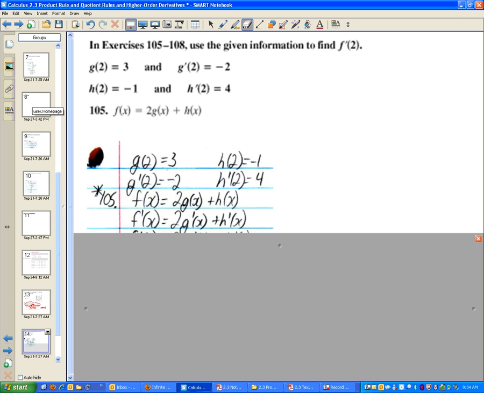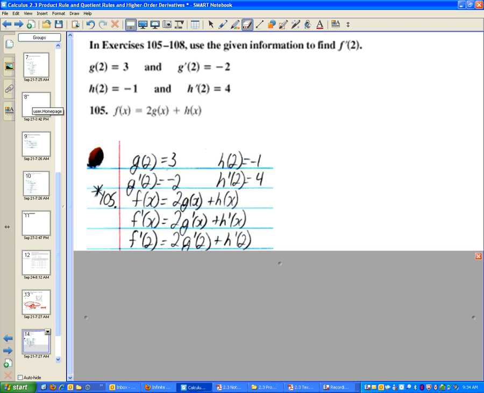Now, f prime of 2 means replace all the x's with 2's. So f prime of 2 equals 2 times g prime of 2 plus h prime of 2. And hopefully they've given us all of this information. Let's see if they have.